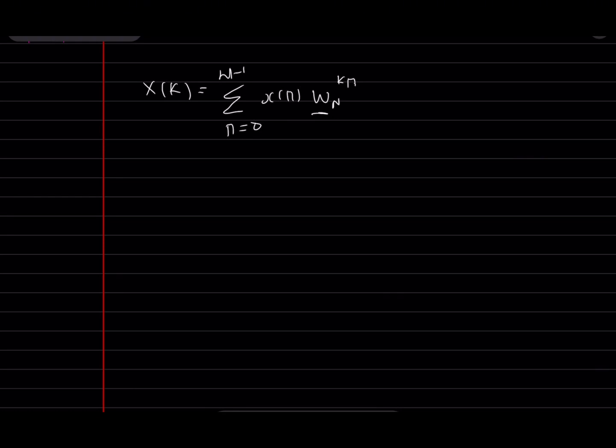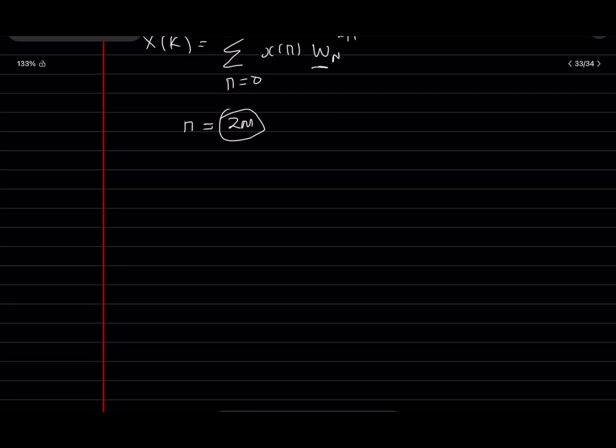So based on this, if we want the input, which is n, to be only even, the function that we can come up with is n equal to 2m. Let's test whether the function that we have come up with is correct.